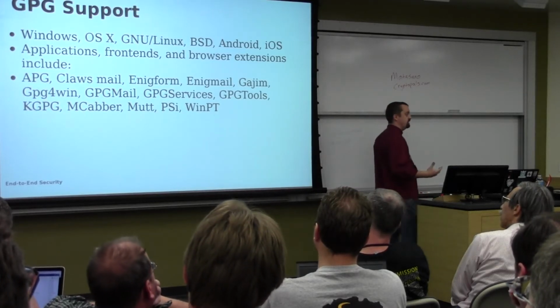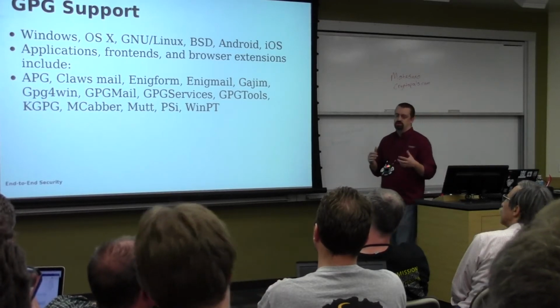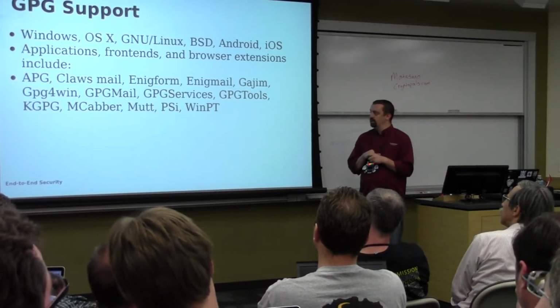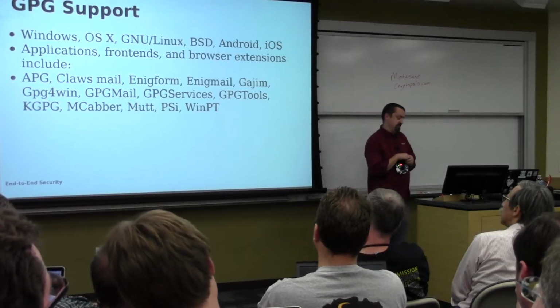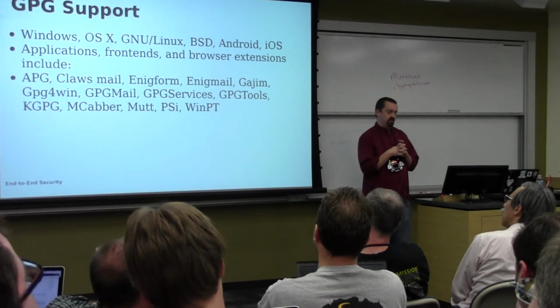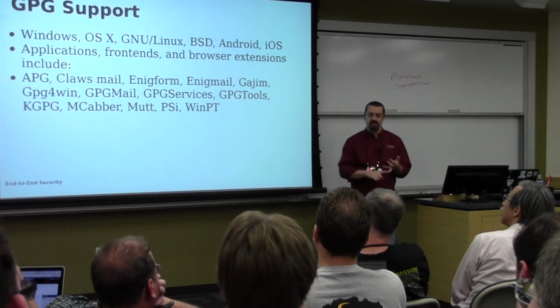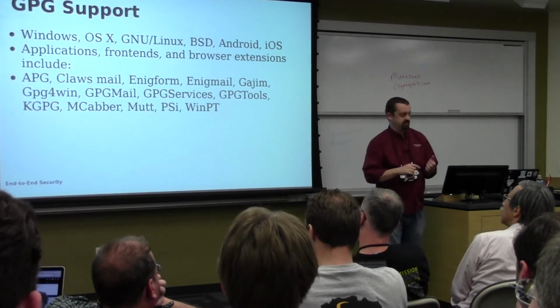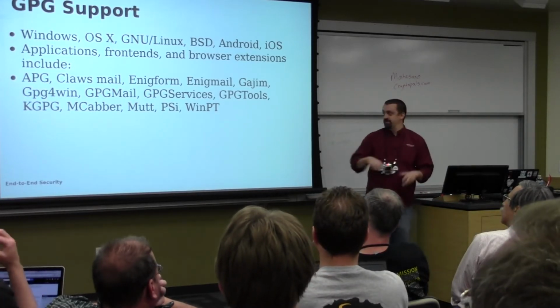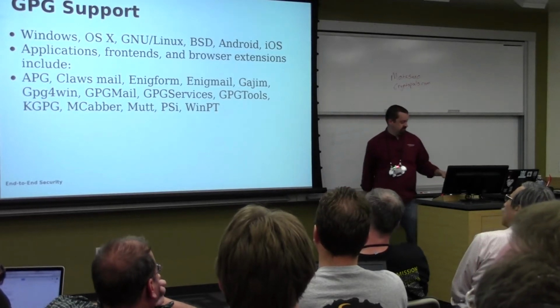So there's a lot of utilities that support GPG that you can use for your end-to-end encryption. It is a little bit of work, and it is a little bit of maintenance, though. For those of you who have GPG keys, you're probably very aware of the web of trust and key signing parties and keeping your key up to date and public key servers, and the list goes on. This is not a trivial thing, but it's a very strong thing.